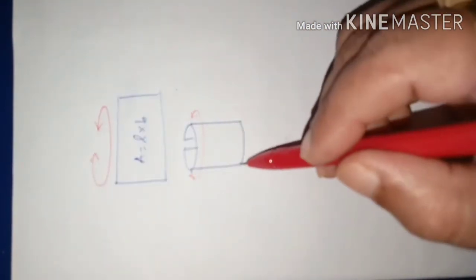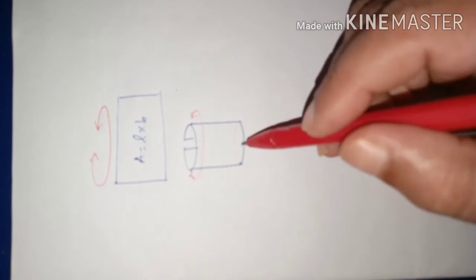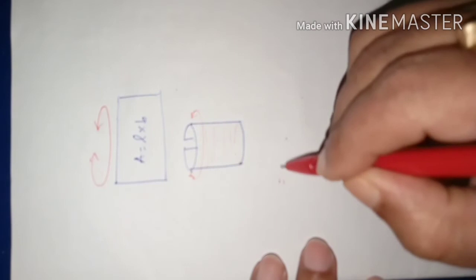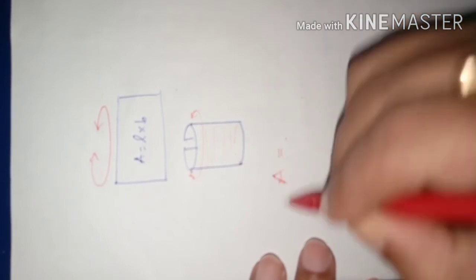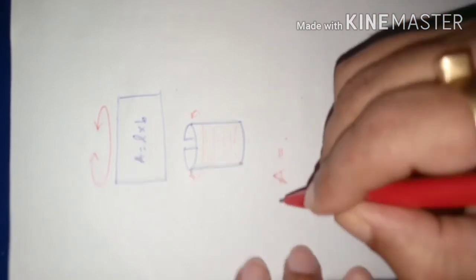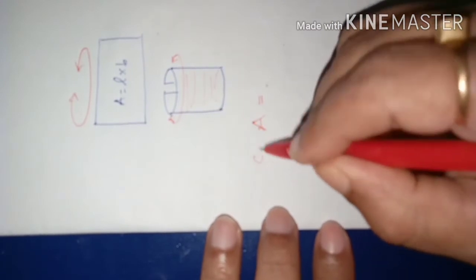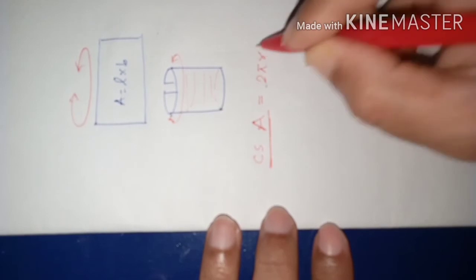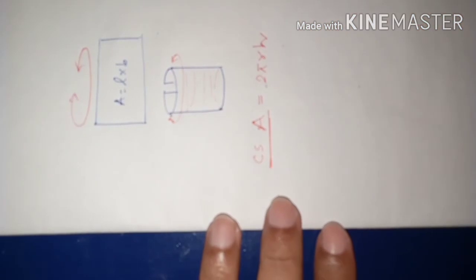So that is a cylindrical shape. That time we will call its area the curved surface area, or you can say CSA, curved surface area. That is 2 into pi into r into h. Got the idea, dear students?